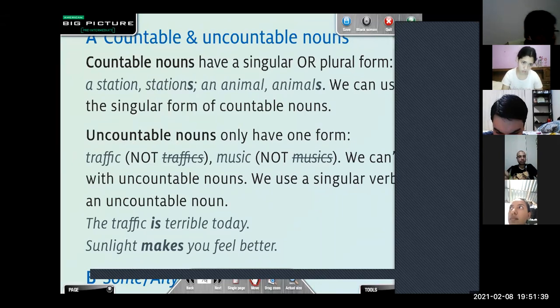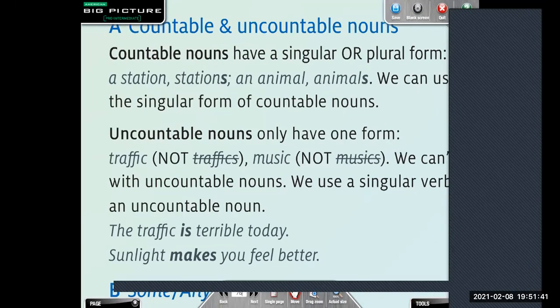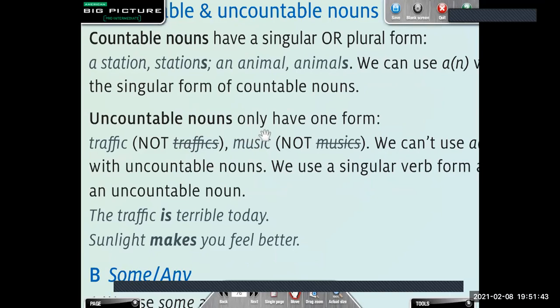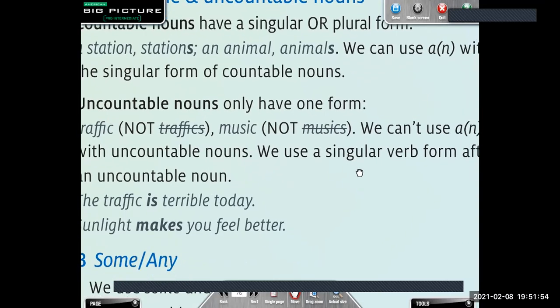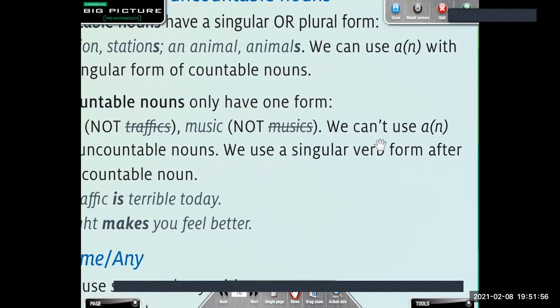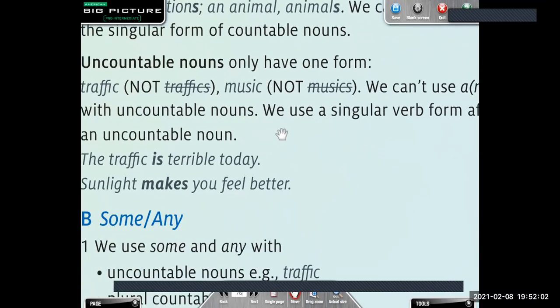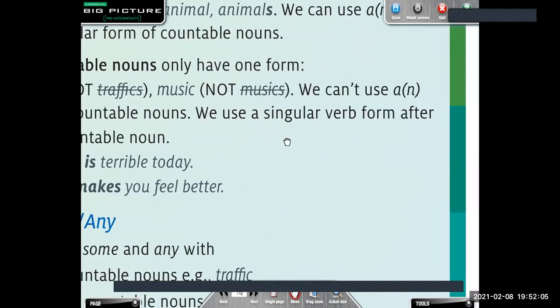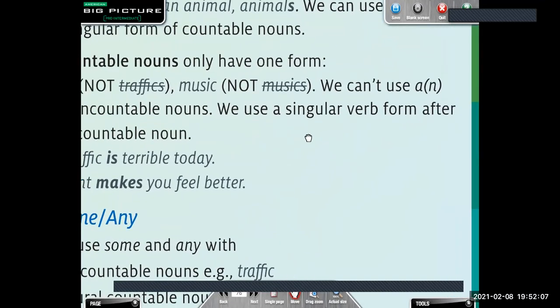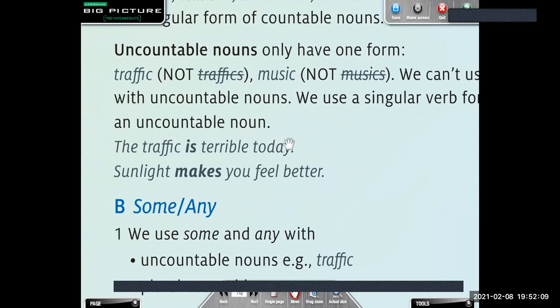Then we have the uncountable nouns. It says, uncountable nouns only have one form, okay? A singular form. For example, traffic, music. We cannot say musics, okay? Because it's uncountable. We can't use a, an or numbers before or with uncountable nouns. We use the singular verb form after an uncountable noun.